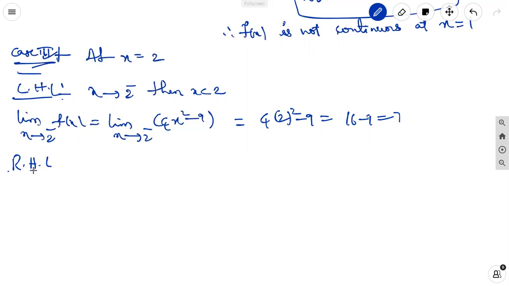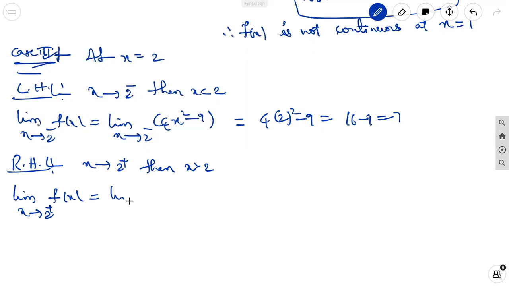Right hand limit, x tends to 2 plus, then x is greater than 2. Limit x tends to 2 plus f of x is 3x plus 4. It is equal to 3 into 2 plus 4. It is equal to 3 twos are 6 plus 4 is 10.